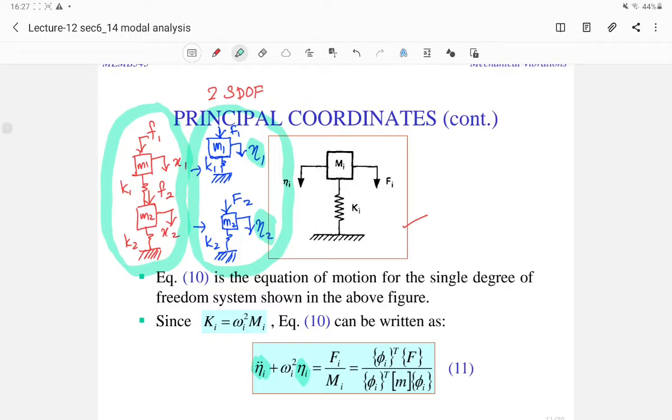Notice also that other parameters will be slightly different from the original form. The original system has f1 and f2, while the new one will have slightly different, transformed values of f1 and f2. The same goes for the mass matrix and the stiffness matrix.